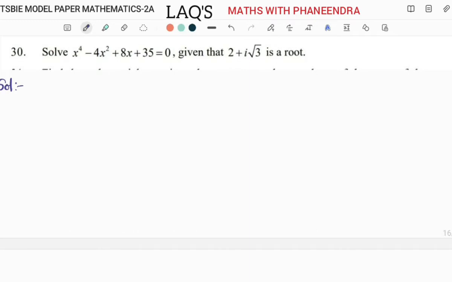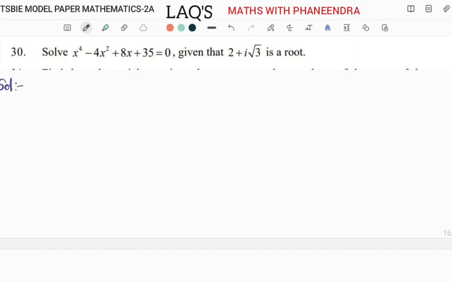So here, whenever a plus i root b is a root of the polynomial, a minus i root b is also a root of the polynomial. So conjugate pairs, conjugate surds, we can say that.